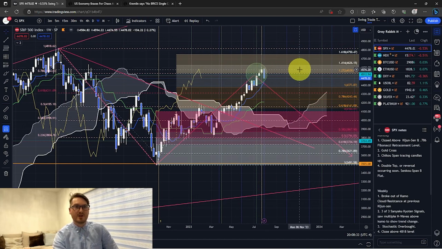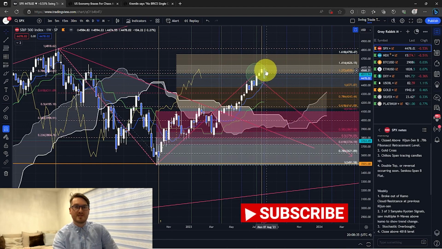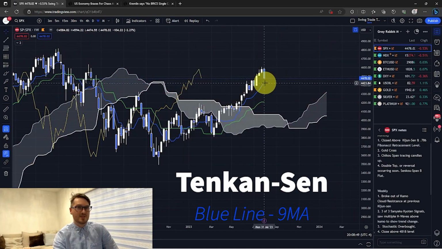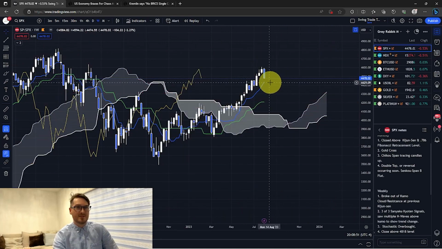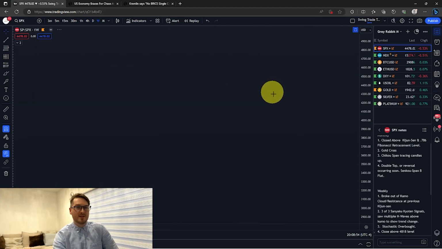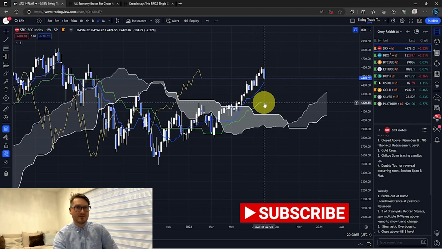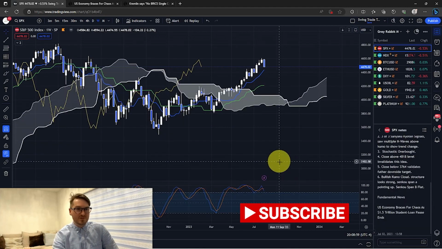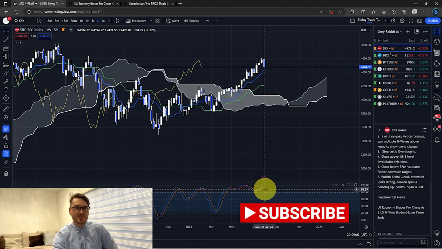So we're going to be keeping our eye on that, but right now Ichimoku is telling us that we should be getting a reversal here on the weekly chart very soon, and it looks like this candle actually is starting to form that first reversal. So if we get a close below the Tenkan-sen here, which is the blue line, and this flattens out and we get a close below, then I'm expecting our next support level to be this Kijun-sen. And then just to take a look, the stochastic RSI is overbought.